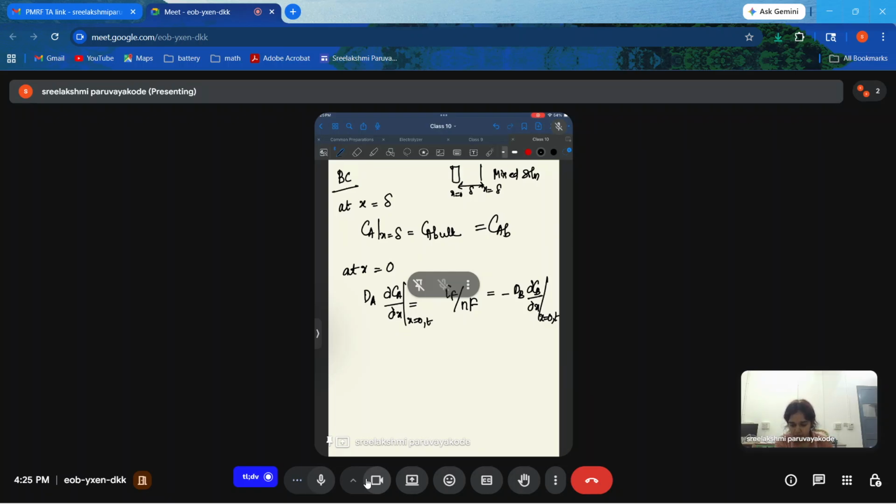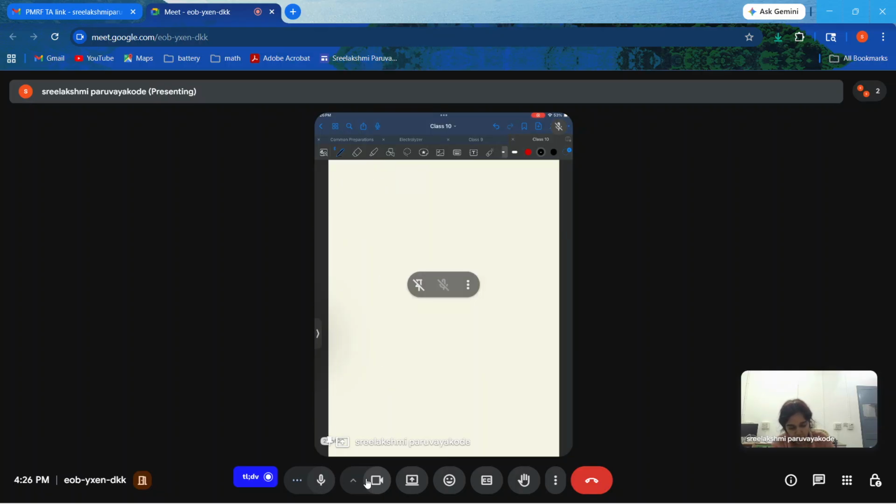Now, at the surface x equal to 0, I know the surface concentrations: CA equal to CAS and CB equal to CBS. I have CA equal to A plus Bx and CB equal to C plus Dx. At x equal to 0, CA becomes equal to A. And what is the condition at 0?